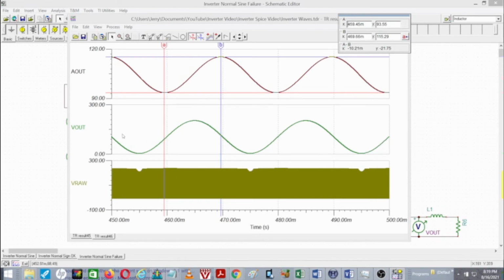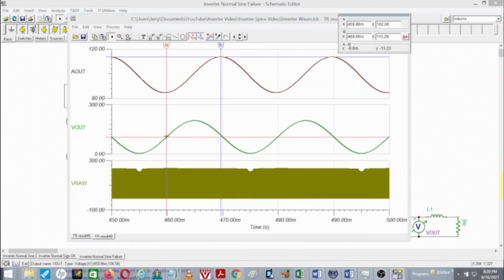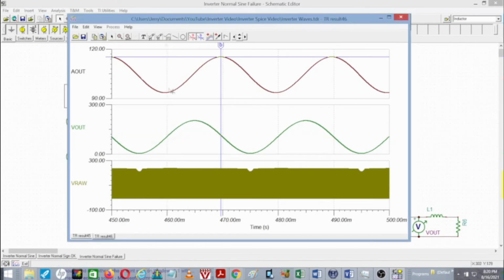That's what I talk about when I say that a failed transistor puts a definite DC component into your AC output. And while this looks like a sine wave, if you integrate all that, it really looks like DC. It's got a DC component at about half that peak value. In fact, we'll just measure it here. It looks like that DC component sits at around 102 volts or so. So it's got a significant DC component.